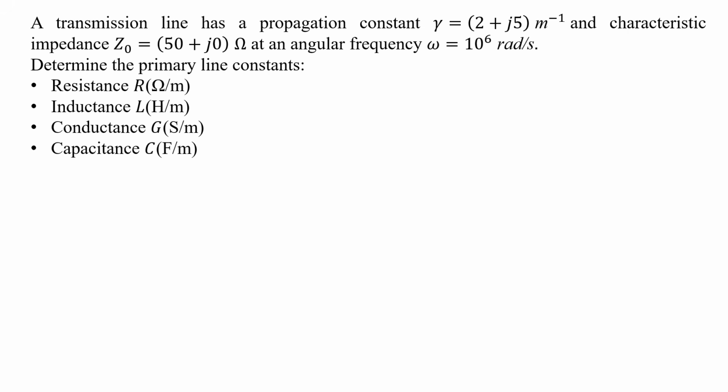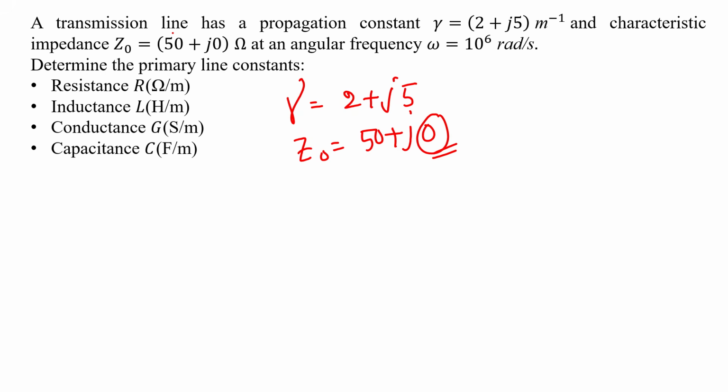The next question mentions a transmission line which has a propagation constant gamma equal to 2 plus j5. The characteristic impedance Z0 is equal to 50 plus j0. That means the imaginary part of the characteristic impedance is 0, so the characteristic impedance is a purely real quantity.